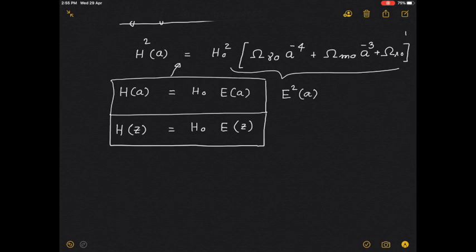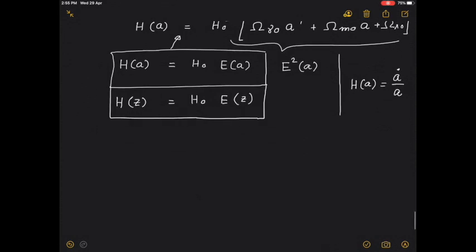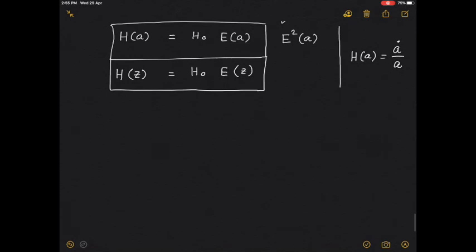The reason one likes to write it in terms of z is because it is z that we observe. We don't observe the scale factor; we observe redshifts, which are z. And just to remind you, H of a is nothing but a dot by a. These are the machineries that we'll be using shortly.